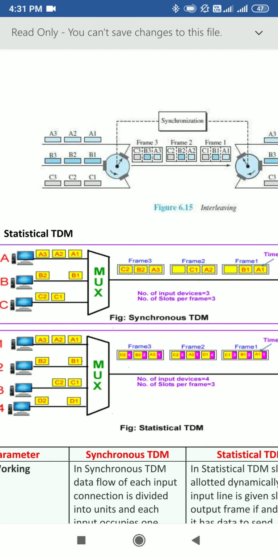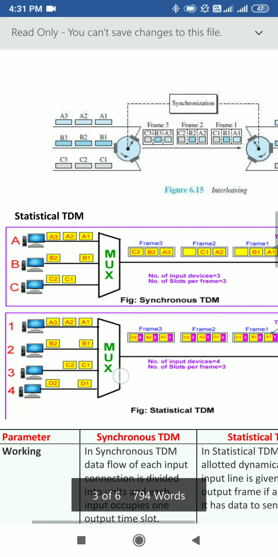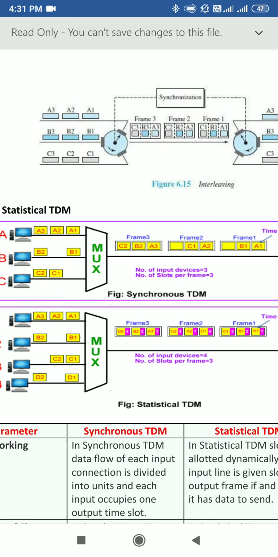Now let us see what we mean by statistical TDM. You can just observe the diagram. To overcome the drawback of synchronous TDM, that is, many of the time slots in the frames are wasted, we need an efficient alternative to synchronous TDM, which is nothing but the statistical TDM, or asynchronous TDM.